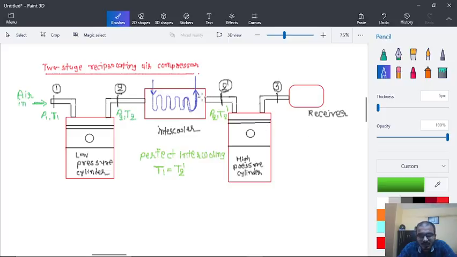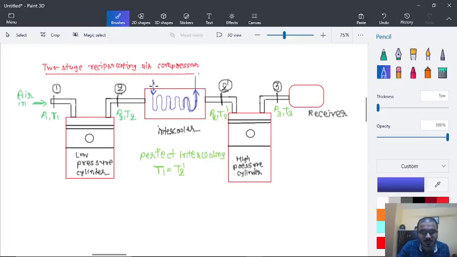So let's focus on the high pressure cylinder. The cooled and compressed air enters the high pressure cylinder, where it is further compressed, and the final values are P3, T3. The final conditions for the compressed air at the exit of the high pressure cylinder are P3, T3, and it is stored in the receiver where it can be further used.